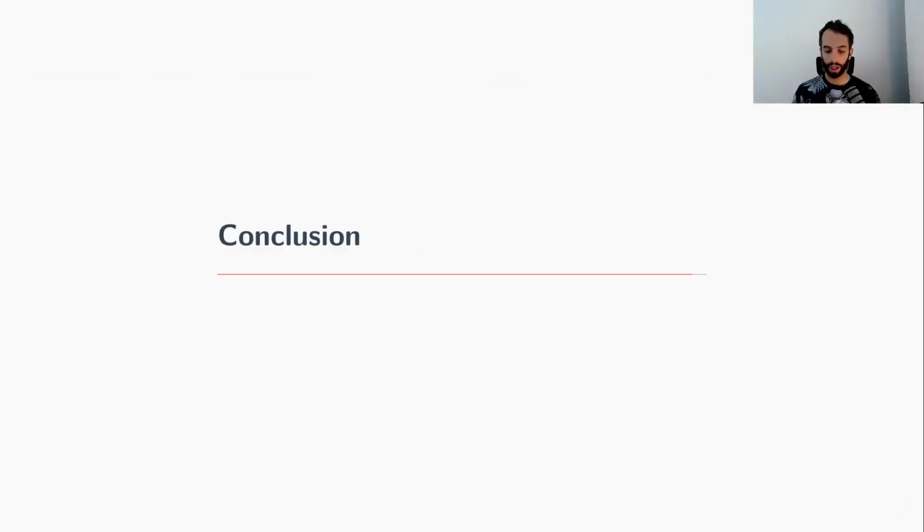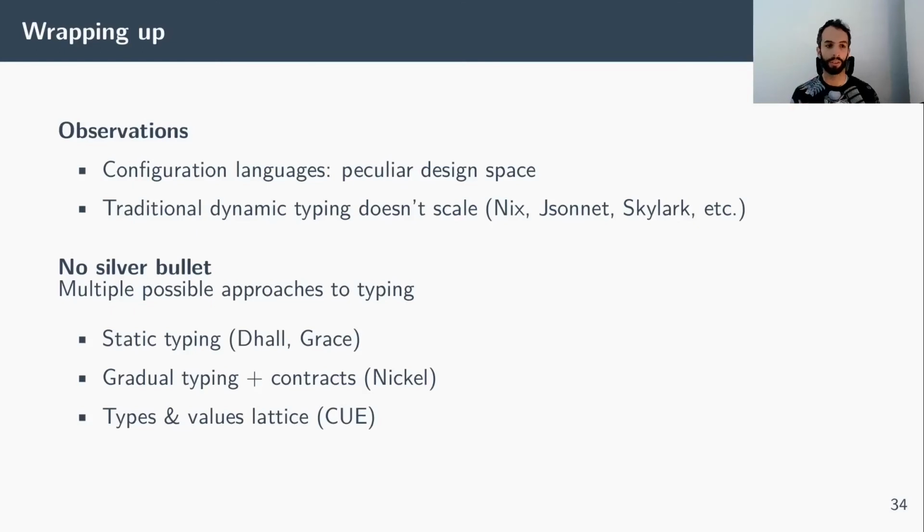And to conclude, I want to make the key observations that, first, configuration languages are peculiar in the design space of programming languages. And this means that we can try different approaches, in particular with respect to typing. Despite this, traditional dynamic typing just doesn't scale, as experience shows us with Nix, but also with other untyped or dynamically typed configuration programming languages.